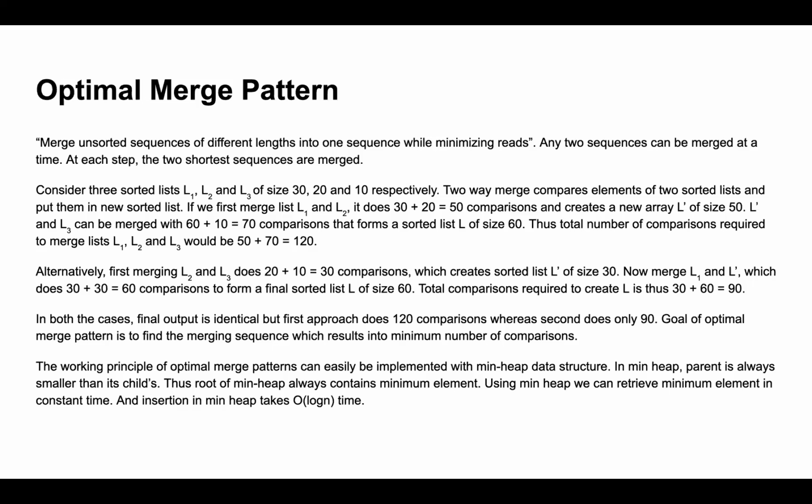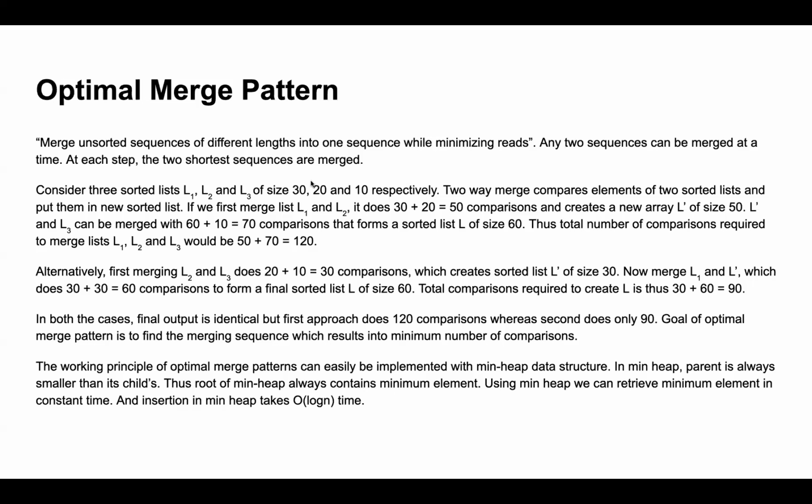Okay, L dash and L3 can be merged with 60 plus 10 is equal to 70 comparisons that form a sorted list L of size 60. Thus, the total number of comparisons required to merge lists L1, L2 and L3 would be 50 plus 70 is equal to 120.